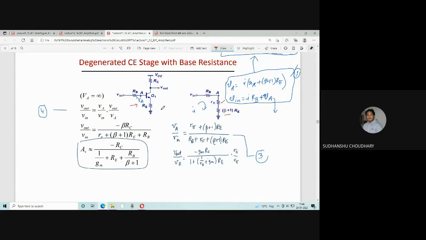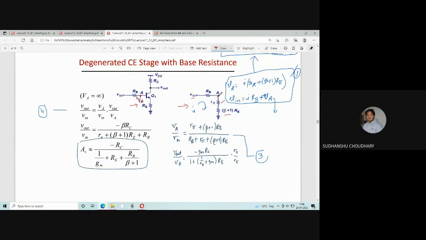Now let us say that at this point A, the potential is Va, and for this circuit which is used to calculate the input impedance, we find a relationship between Va and Vin. So in fact before that we can write Va over here from this circuit.